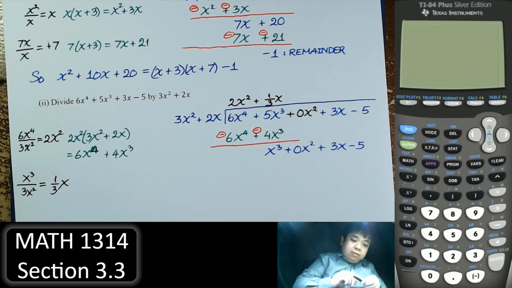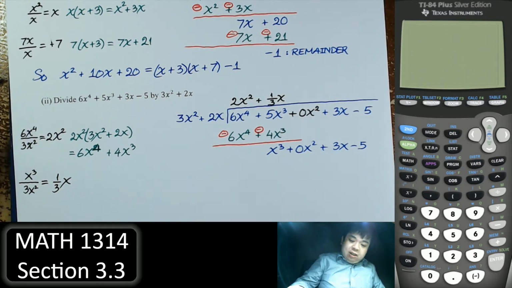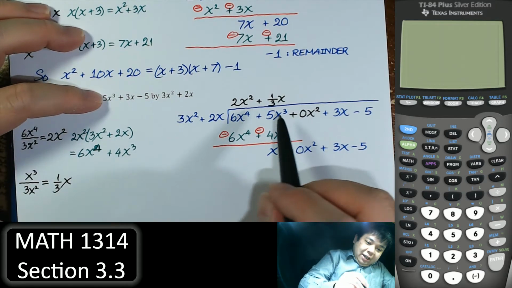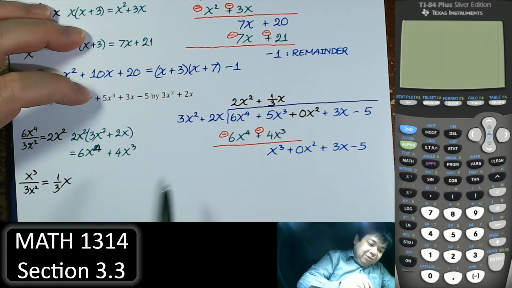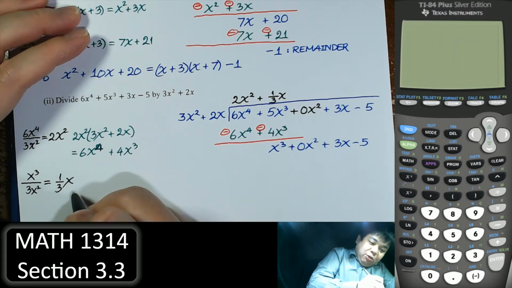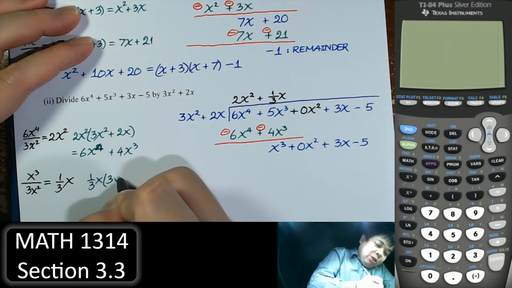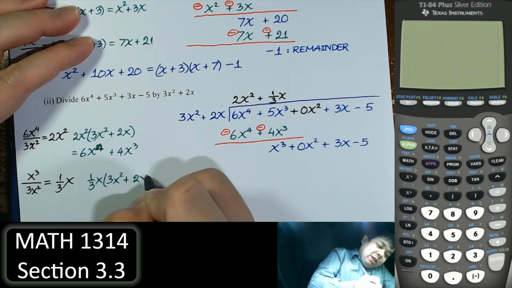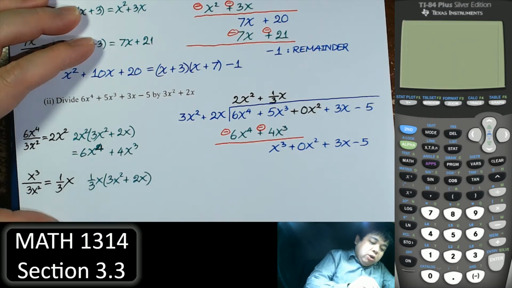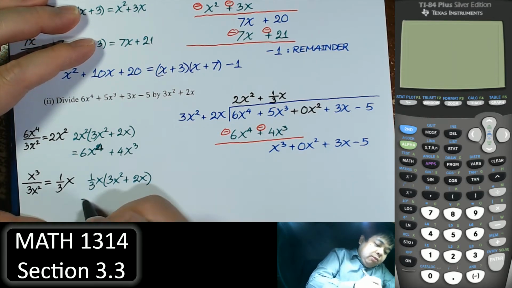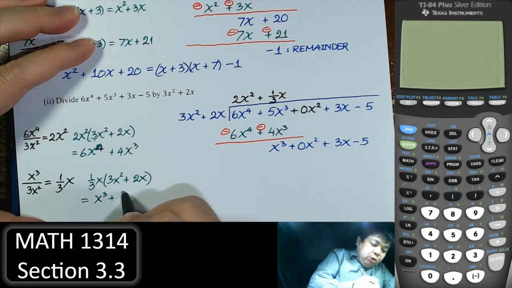Right? And we multiply this back. Here we have a fraction, but they are still numbers. So 1 over 3x times 3x squared plus 2x gives us x cubed plus 2 over 3x squared.